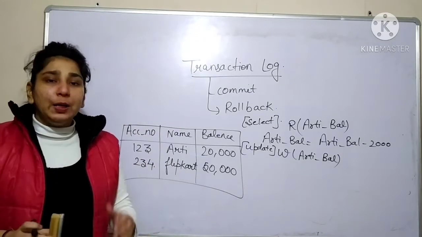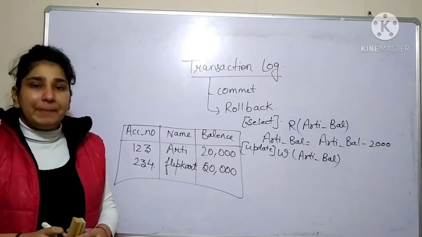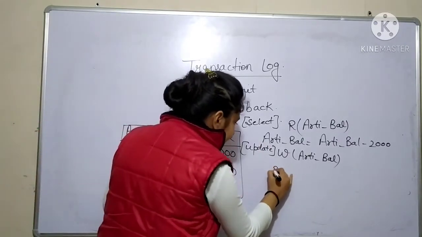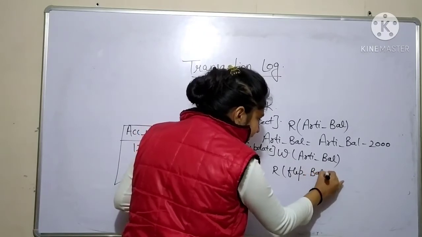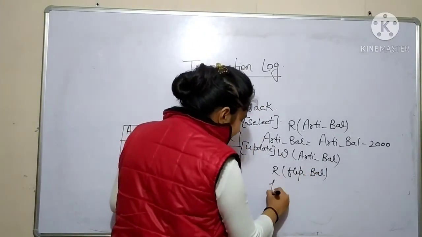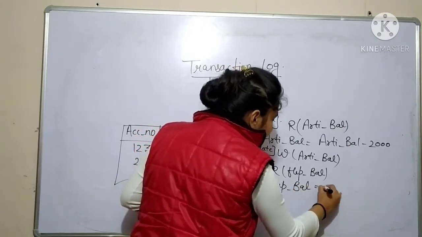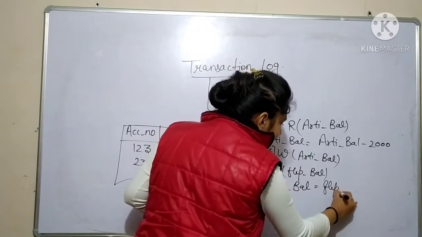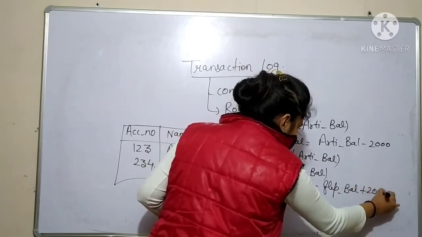Now I want to add these 2,000 rupees to the Flipkart balance. So read Flipkart balance: Flipkart balance is equal to Flipkart balance plus 2,000.